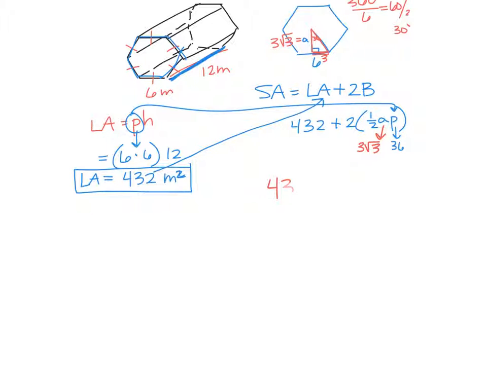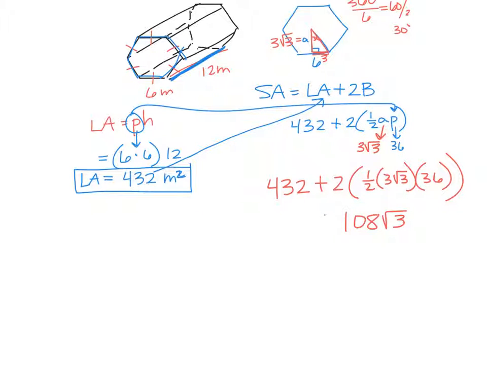So it's gonna be 432 plus 2 times 1/2 times 3 rad 3 times 36. It's a lot going on there, right? One thing at a time. Okay, so if we simplify 2 times 1/2 times 3 rad 3 times 36, this comes out to 108 rad 3.